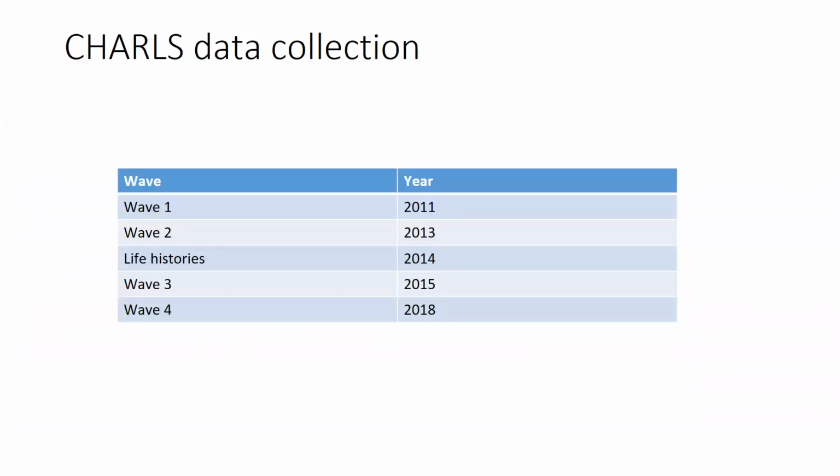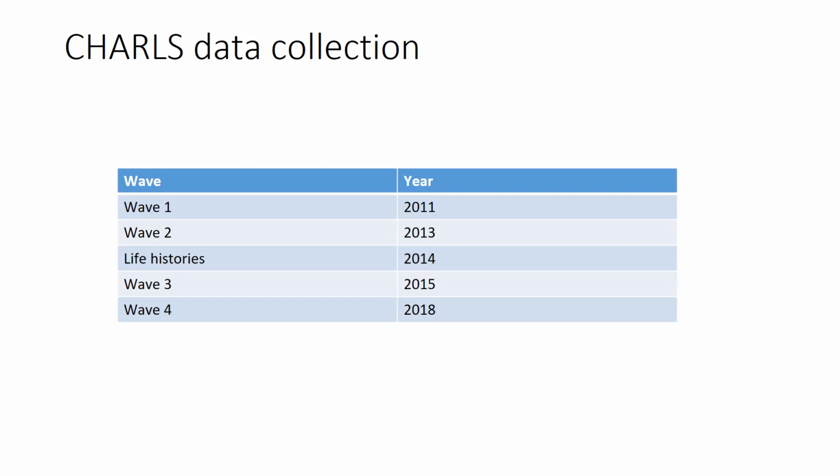The data collection of CHARLS was between wave 2 and wave 3. So it was a between-wave life history, which is important, and it's different from what SHARE did. SHARE did their life histories instead of a regular wave, which might cause problems if you analyze SHARE data, but with CHARLS, everything is fine.